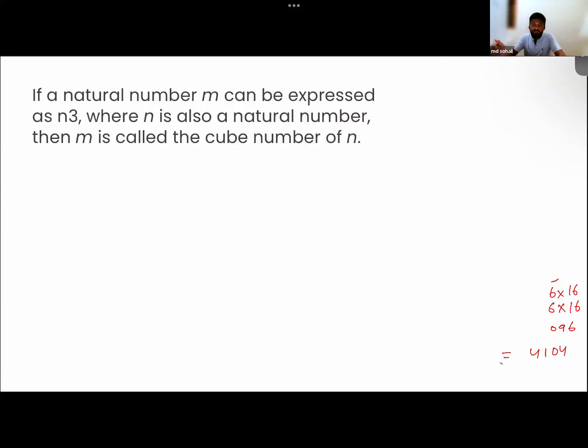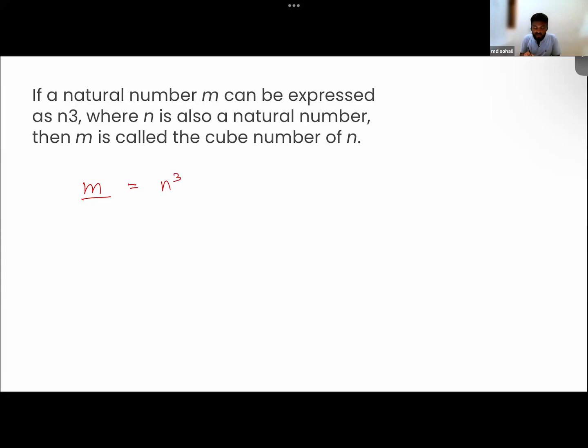Now let's come back to what cubes actually are. If a natural number m can be expressed as n cube, where n is also a natural number, then m is called the cube number of n. See here, I've taken a natural number n, and I am trying to express it in the form of n cube.